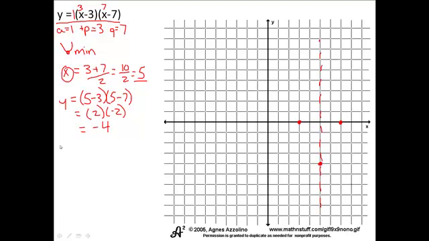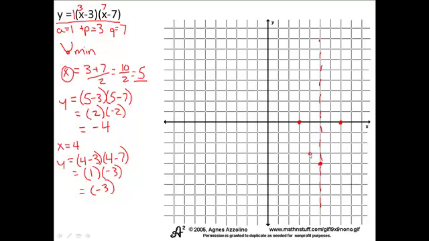So I'm going to say when x equals 4, y equals 4 minus 3, and 4 minus 7, that's 1, and negative 3. So when x is 4, y is negative 3. X is 4, y is negative 1, 2, 3.